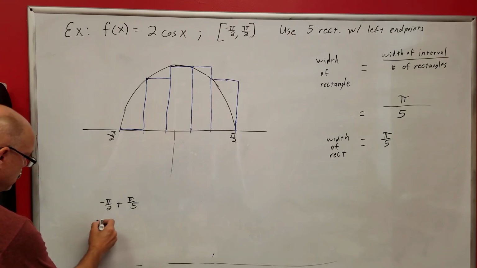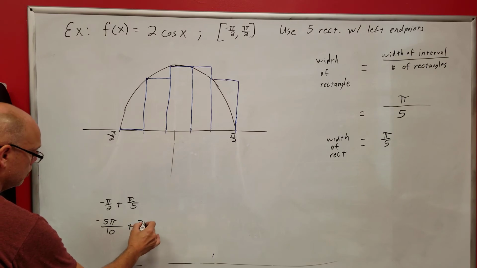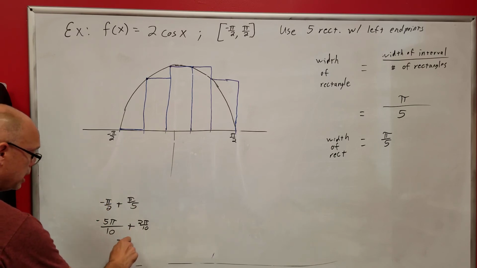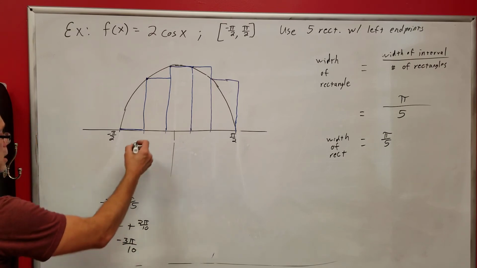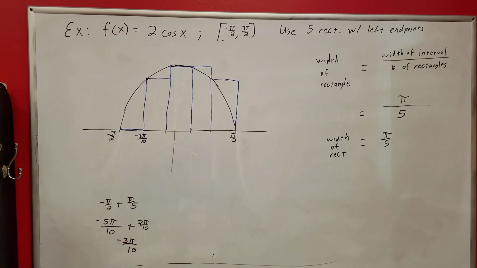Well, what is that? That's just negative 5 pi over 10 plus 2 pi over 10, right? What I do, I just came up with a common denominator on each one of them. What does that give me? Negative 3 pi over 10. So what does that tell me? That tells me this point is negative 3 pi over 10, right?